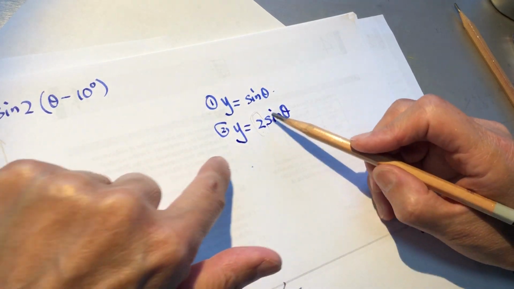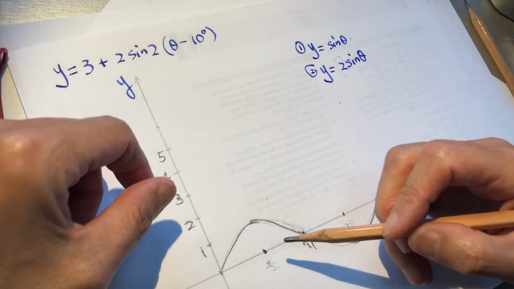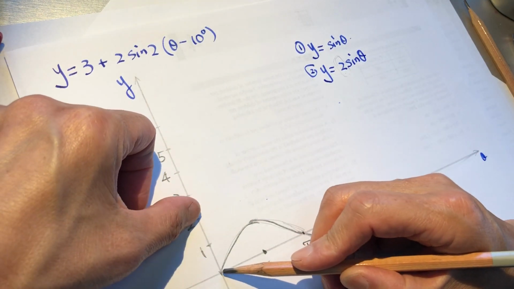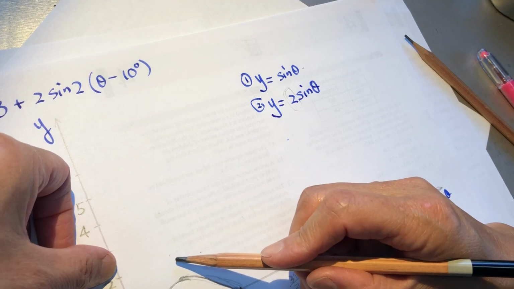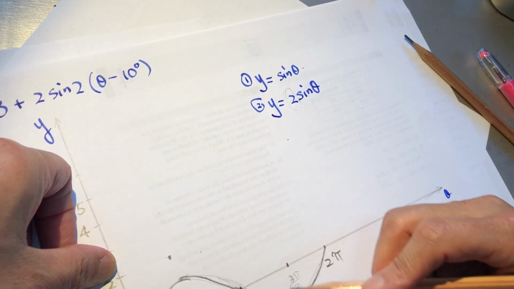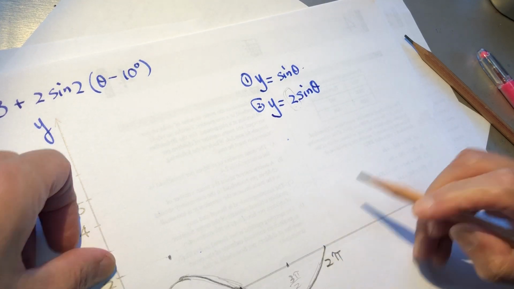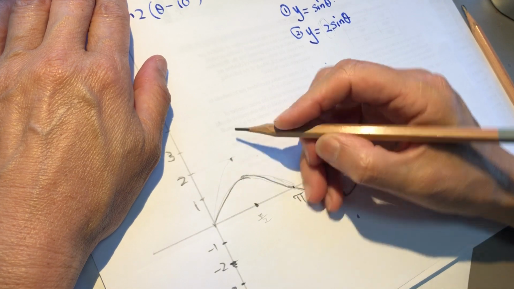It means the previous value, you need to times 2. So when it was 1 it is now 2, and 0 is still 0. When the previous y value is 1, the new value, 2 times, becomes here, here, here, here. So this is the second graph.